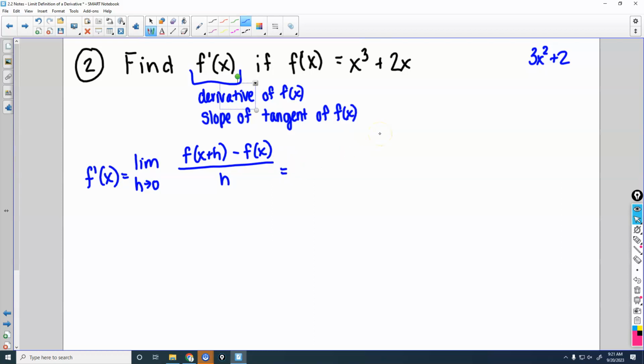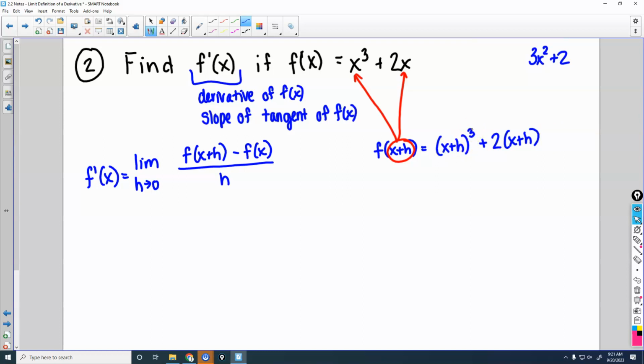So, let's see. I'm going to go over to the side because this is not going to be easy. I've got to find f of x plus h, which means I'm taking x plus h and plugging it in for both of those x's. So I've got x plus h cubed plus 2 times x plus h. X plus h cubed, I cannot double square that.